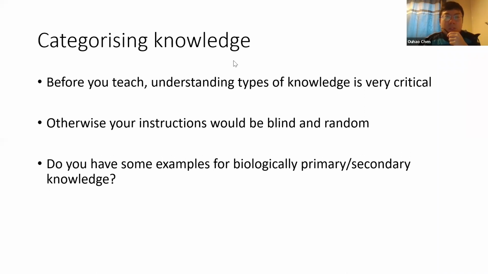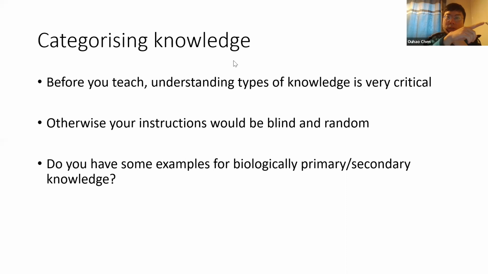So the question is, does biological primary affect a person's biological secondary? Definitely. In cognitive load theory, some research suggests we can use biological primary knowledge to learn biological secondary knowledge. For example, we have an effect called the tracing effect.